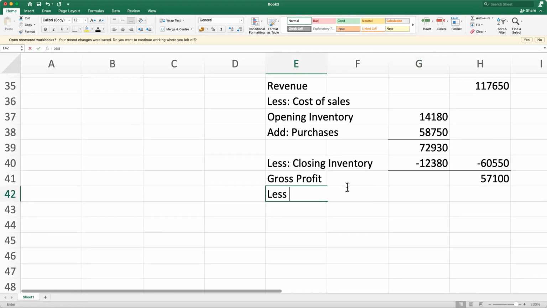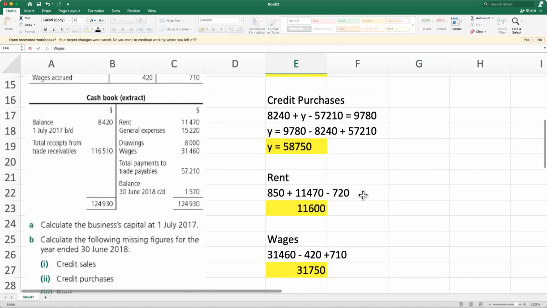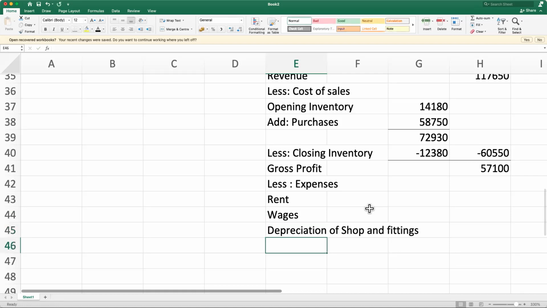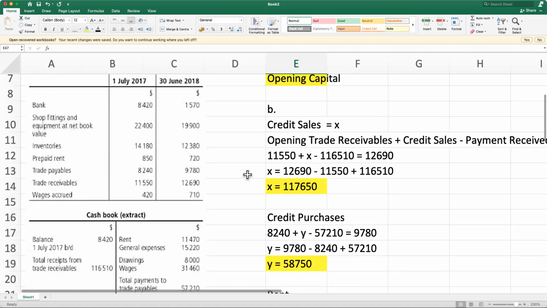So less expenses, rent, wages, and depreciation. And then general expenses. I think there's anything else I need to add here.